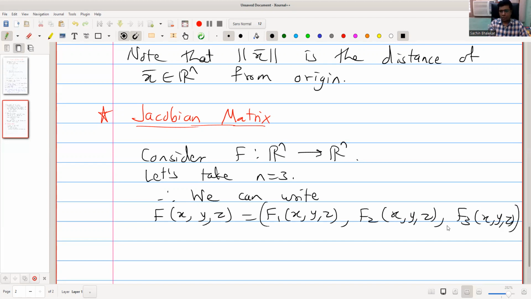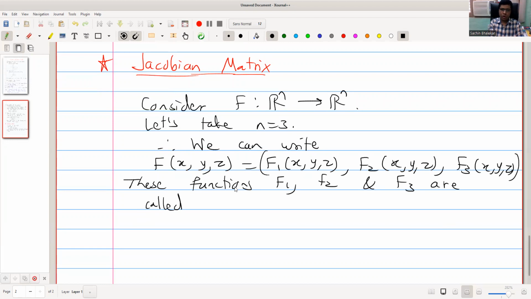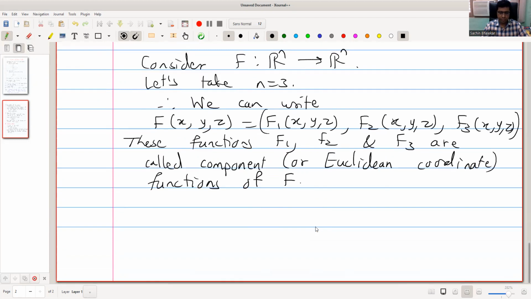So these f1, f2, and f3 are called components of capital F. These functions f1, f2, and f3 are called component functions or Euclidean coordinate functions of this capital F.